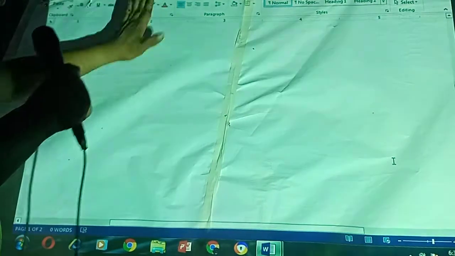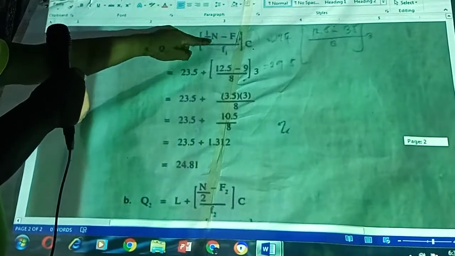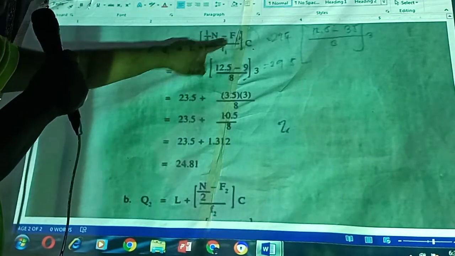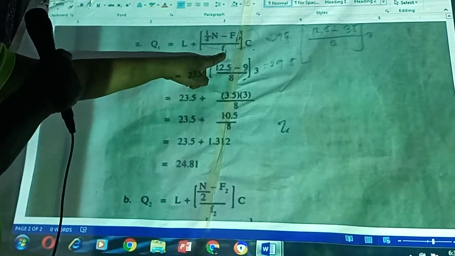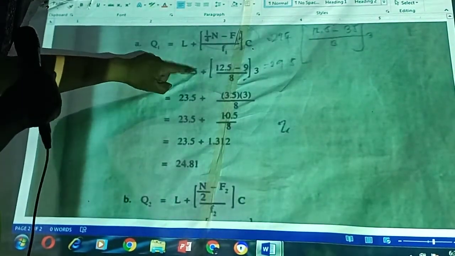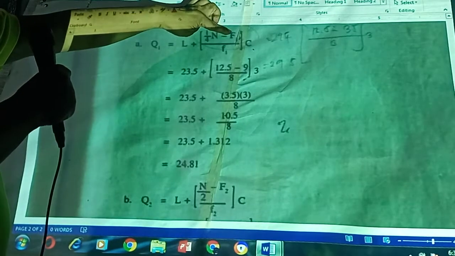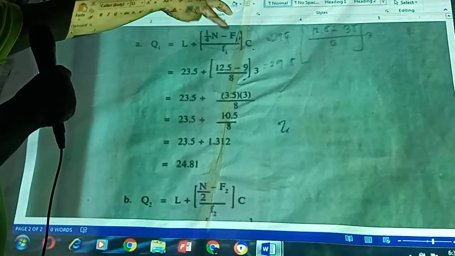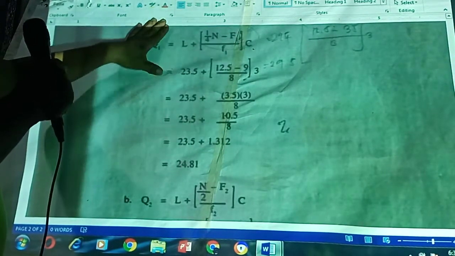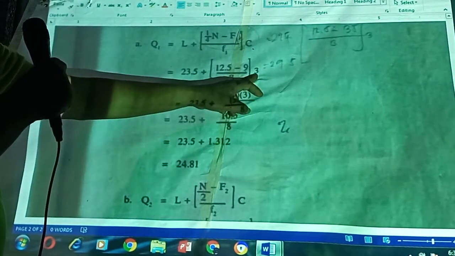Example. The equation of the first quartile: lower class boundary plus 1 over 4 of the number of cases, minus the big cumulative frequency preceding, divided by the frequency where the quartile lies, times the class interval. The lower class boundary is 23.5, plus 50 divided by 4, which is 12.5, minus 9, the cumulative frequency preceding where Q1 lies, divided by 8, the frequency where Q1 lies, times the class interval of 3.